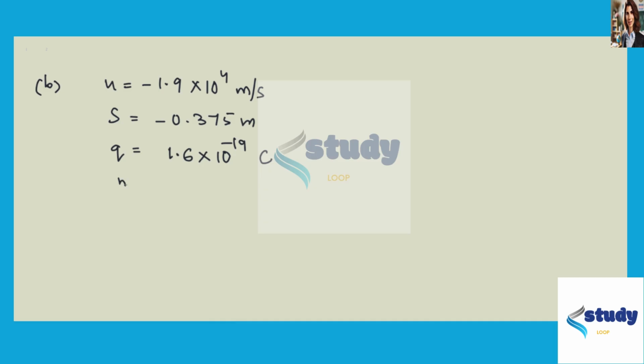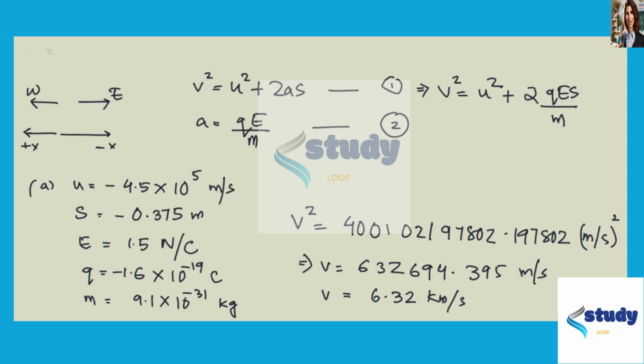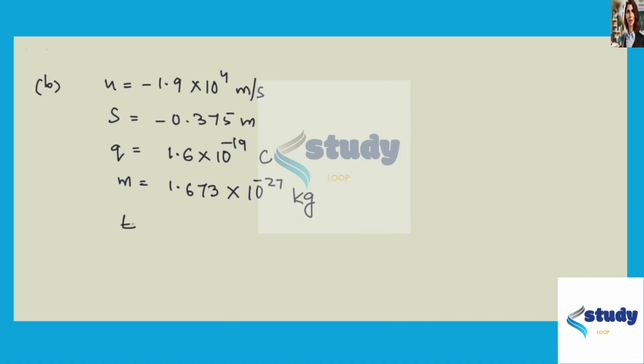Then the mass of the proton is 1.673 times 10 to the power minus 27 kg, and the electric field is the same, that is positive 1.5 Newton per coulomb.